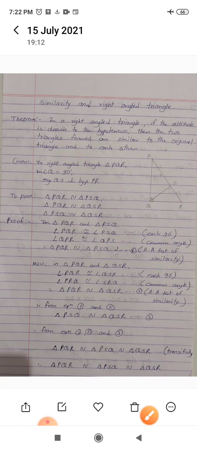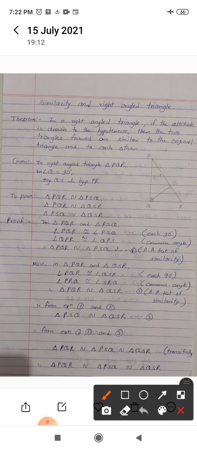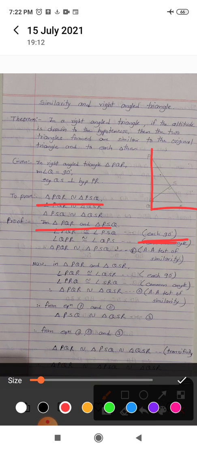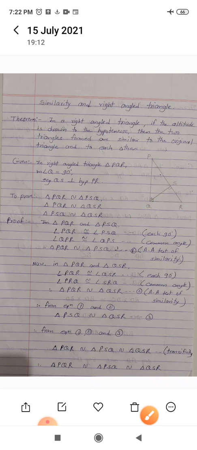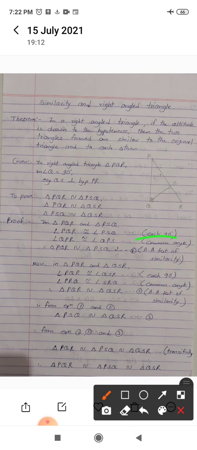Let's start its proof. So here I choose the first statement. In these two triangles, here I write 90 degree. The first name is PQR and the second name is PSQ. So these two angles are congruent, both are 90 degree.